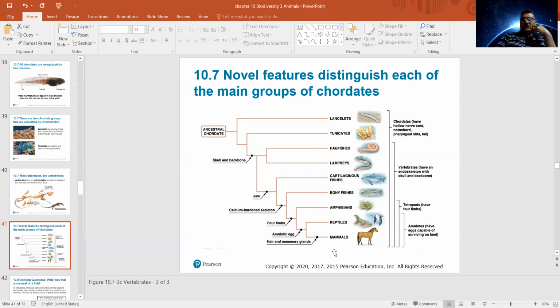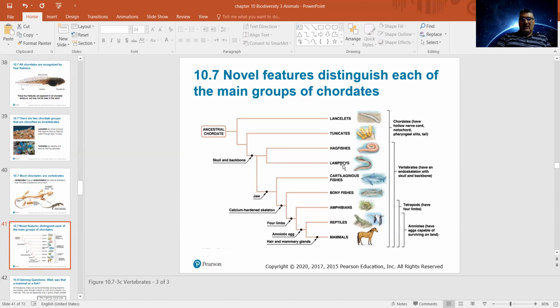Anything else is a vertebrate, meaning they have vertebrae, which refers to the backbone, but they have a skull as well. Like hagfishes, lampreys, cartilaginous fishes, bony fishes, amphibians, reptiles, mammals, all of these, starting from here all the way down, they all share skull and backbone.